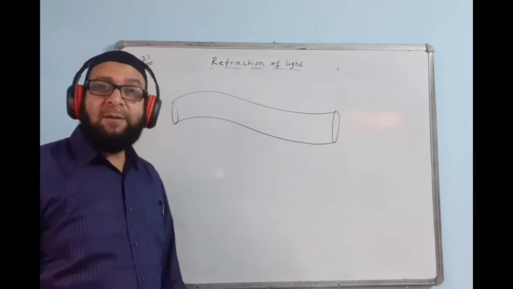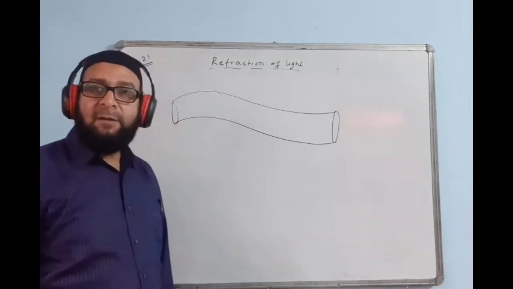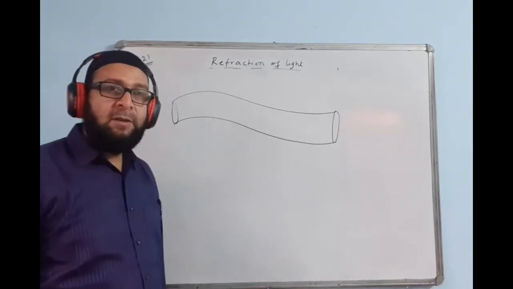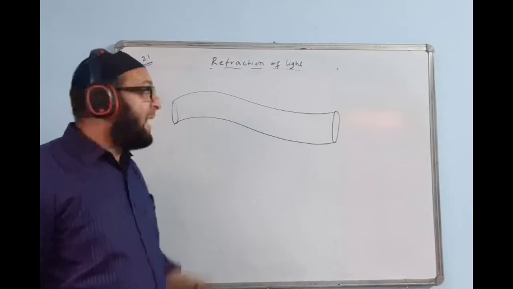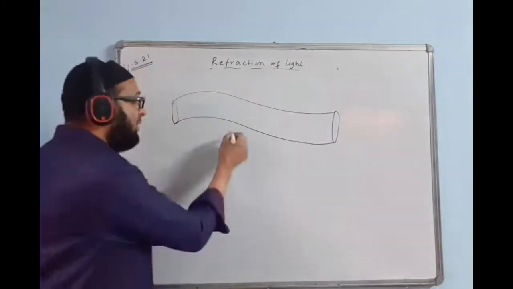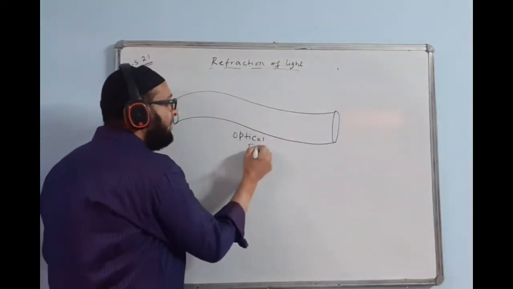They say Jio Fiber. You must have heard of it. Jio Fiber, Airtel Fiber Net, all BSNL fiber. They are all talking about fiber, isn't it? That is optical fiber. The cable or the wire they are using here is called optical fiber.